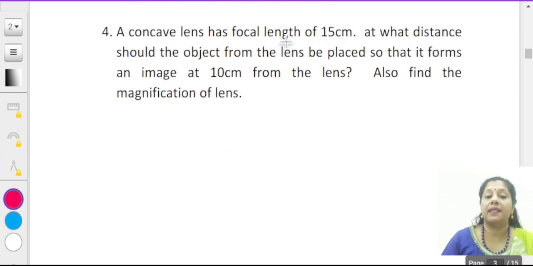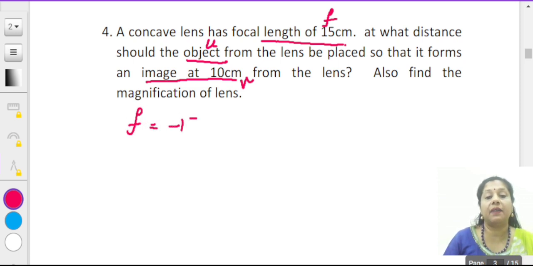A concave lens has focal length 15 centimeter. So F is given. At what distance should an object U from the lens be placed so that it forms an image at 10 centimeters? So V is given from the lens. Also find the magnification of the lens. So here f is equal to minus 15 centimeter, because we know that the focal length of a concave lens is negative, and V is also given, 10 centimeter.